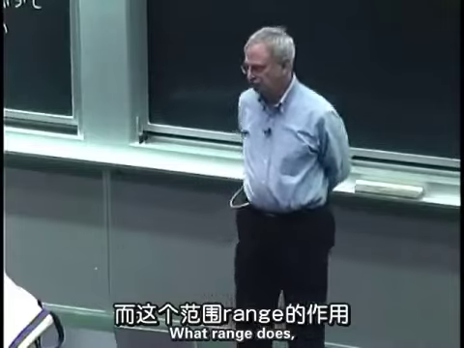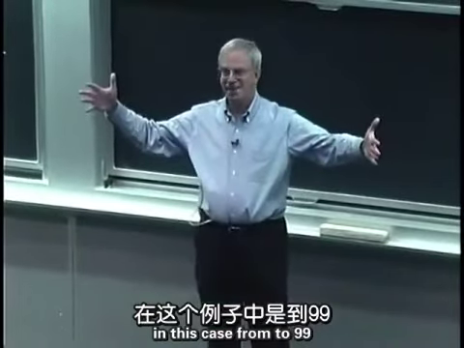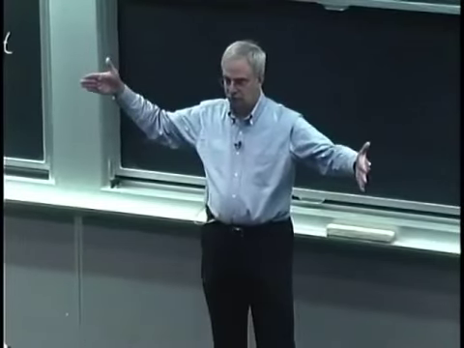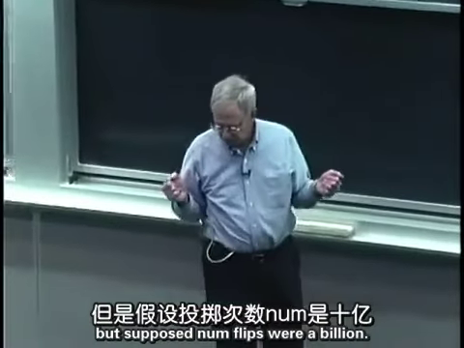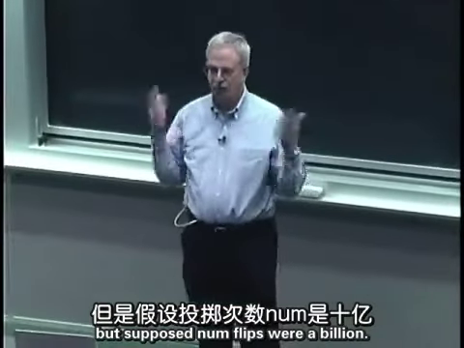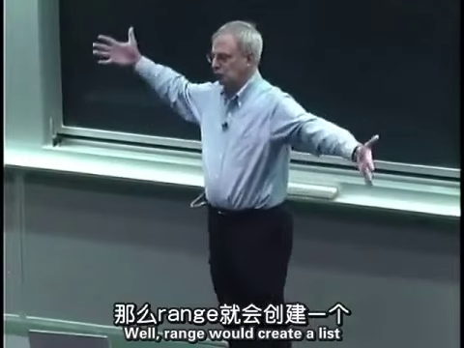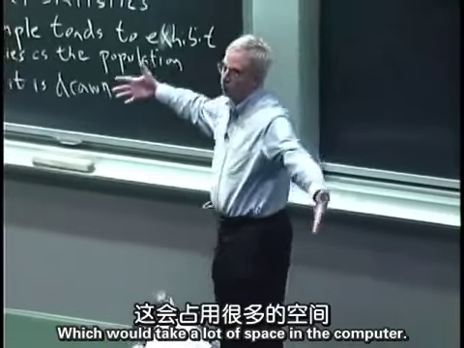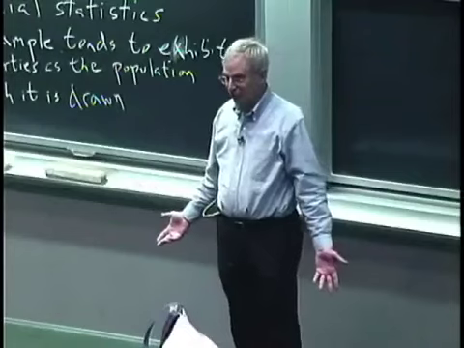What range does is it creates a list, in this case from 0 to 99, and goes through the list one at a time. That's fine. But suppose num flips were 1 billion. Well, range would create a list with 1 billion numbers in it, which would take a lot of space in the computer and is kind of wasted.